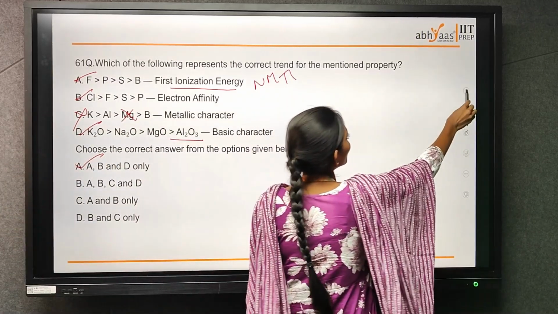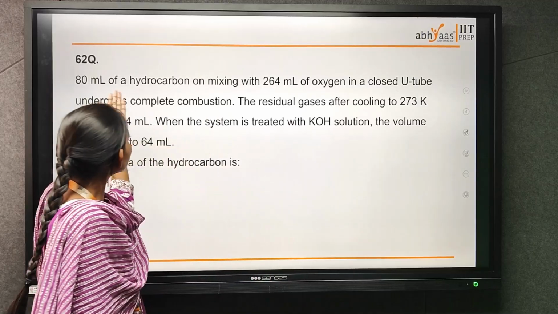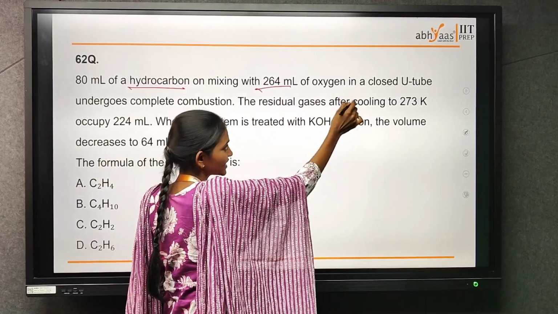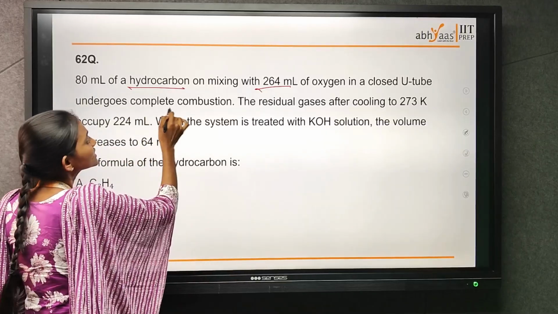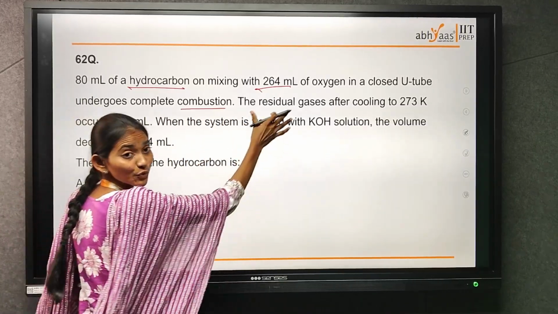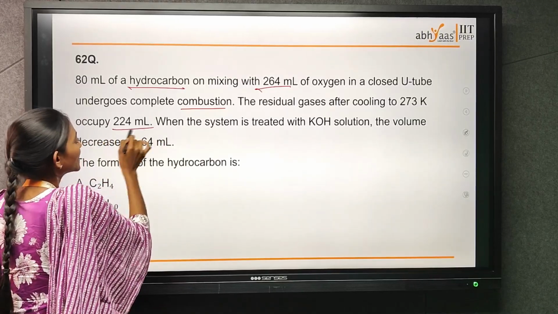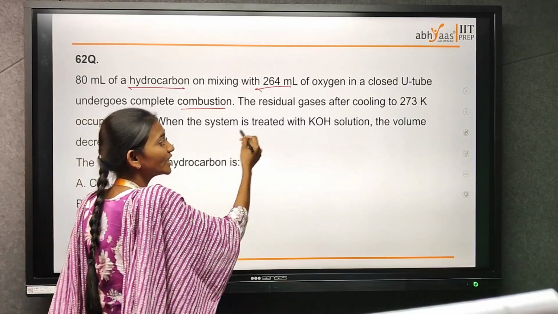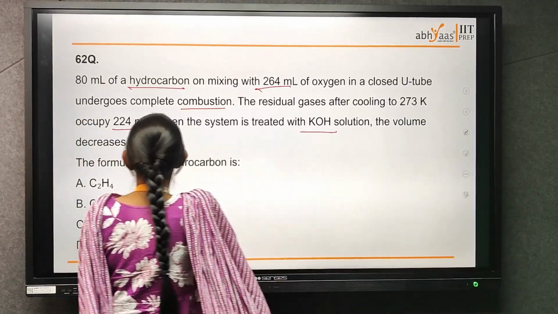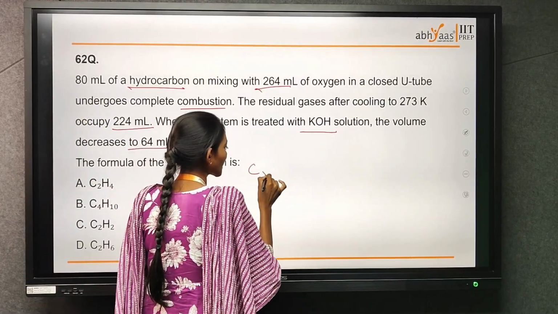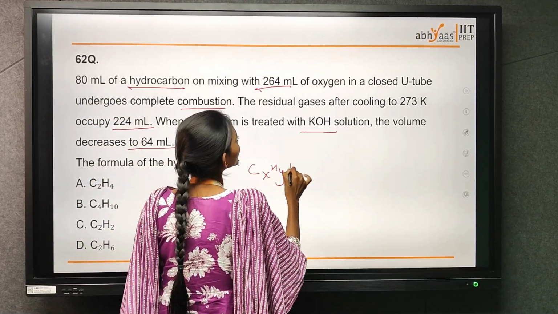Moving on to the next question. 8 ml of hydrocarbon is mixed with 264 ml of oxygen and undergoes combustion, giving residual gases at cooling, 273 kelvin. What do you get? 224 ml. When you treat with KOH, it decreases. Write the reaction: CxHy reacts with oxygen.